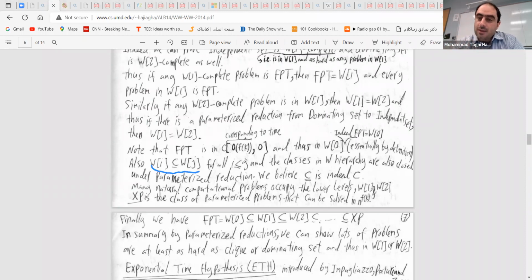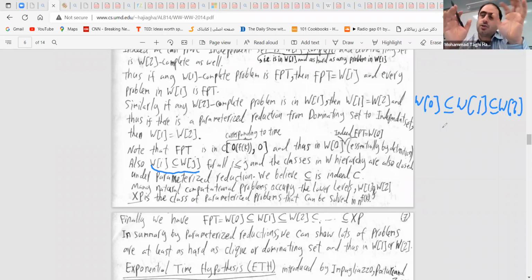So they form a hierarchy. We have W0 is a subset of W1, is a subset of W2, and so on. All of these reductions that we talked about, the completeness of, for example, independent set or dominating set, are parameterized reductions, the ones that we discussed. Generally, they should not change the parameter beyond f of k, with no n involved.